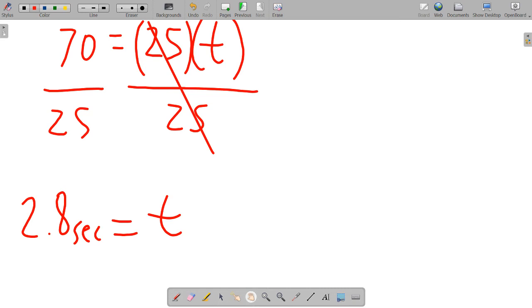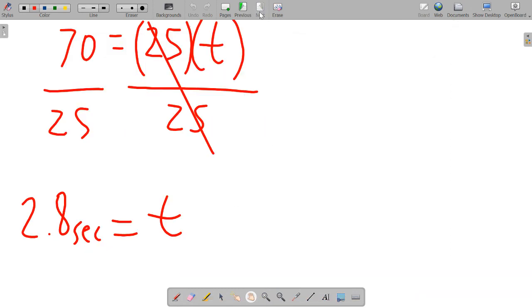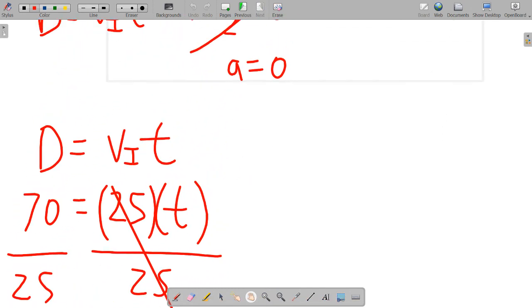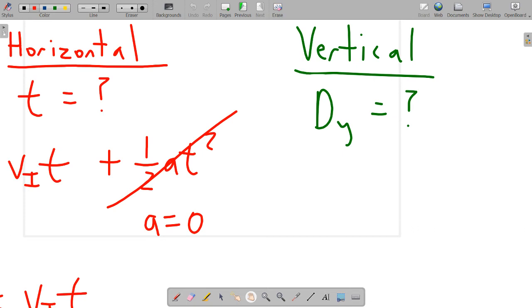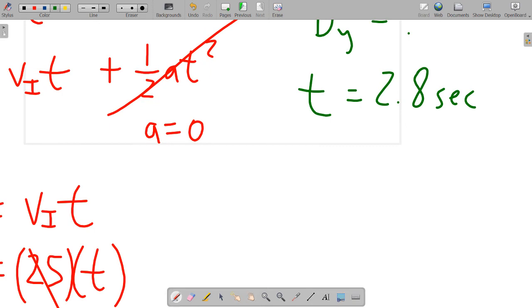So that's the first thing we do, solve for the time in free fall. And remember, thinking logically here, if the skier spends 2.8 seconds in the air in the x direction, obviously that's how long he spends in the air in the y direction. So now let's go back to looking at our vertical component here. We know the time in free fall was 2.8 seconds. Okay. So now let us use this information to plug into our displacement equation, because ultimately that's what we're trying to find.